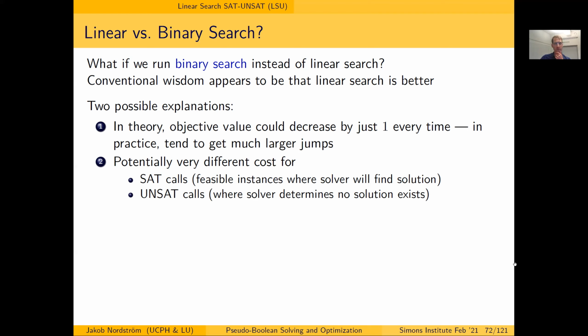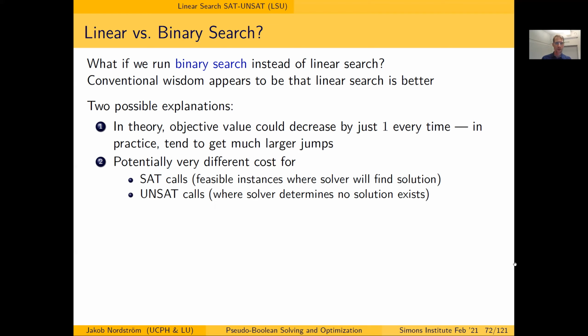One is that, well, in theory, why is linear search bad? Linear search is bad because it could be that you just improve the objective value by an additive 1. So you have to rerun it over and over again, and you get only very small gains in objective function value. In practice, apparently, this does not happen so much. Even when you do linear search, the objective function value tends to jump quite a bit.